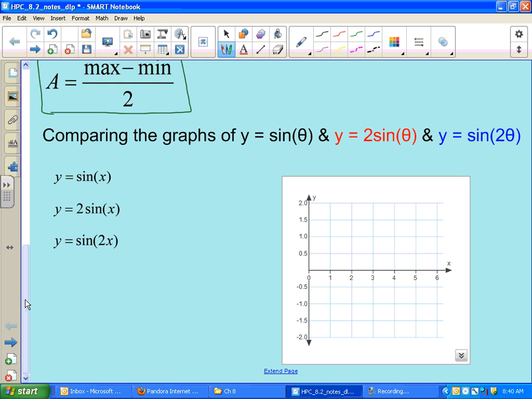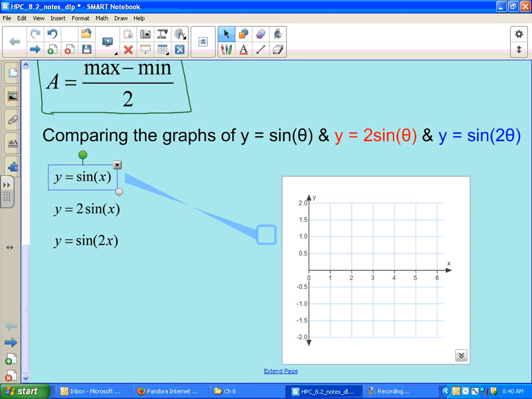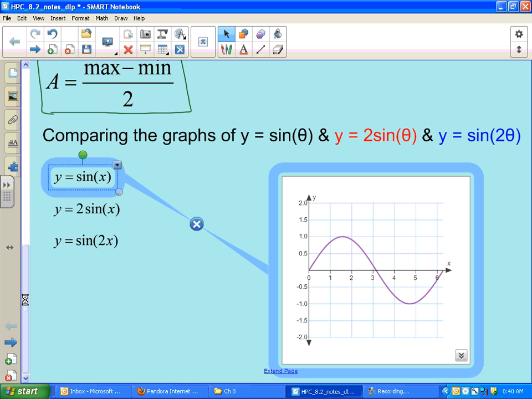So let's take a look at what the coefficients of 2 do to a sine curve when the 2 is a vertical change versus a horizontal change. First of all, here's our generic sine function going through one period. The x-axis is in pi, or radians, and the y-axis is just our normal values there.